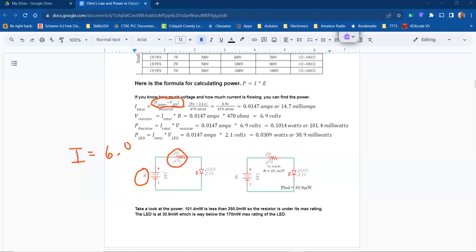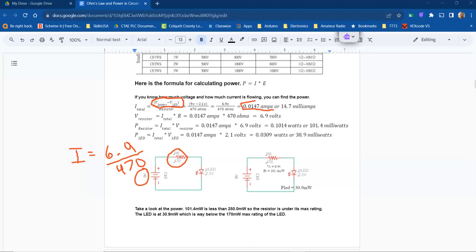And that is what's left of the power supply that is flowing through the resistor. So 6.9 volts divided by 470 ohms is the resistance in this particular series circuit.